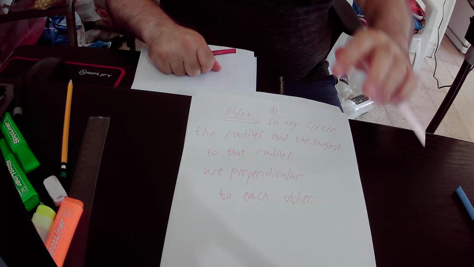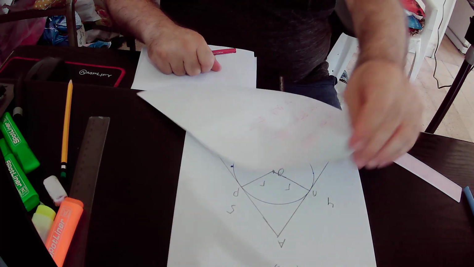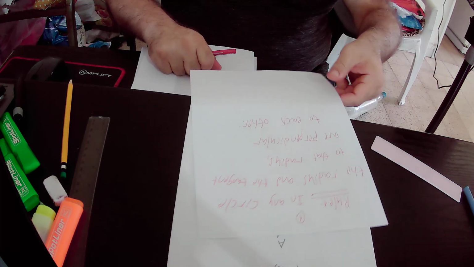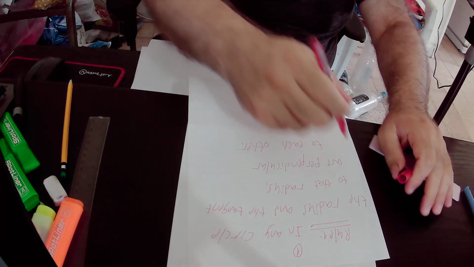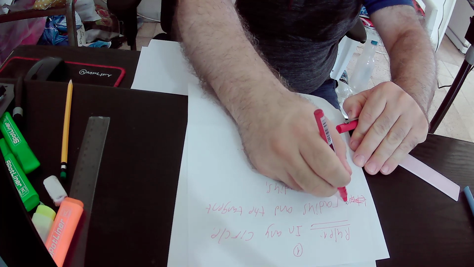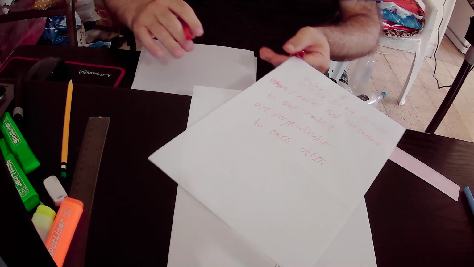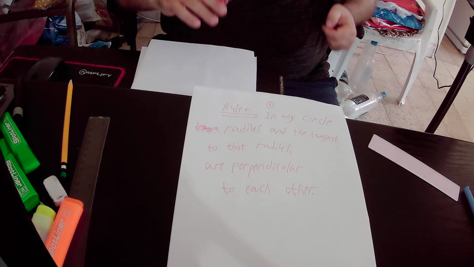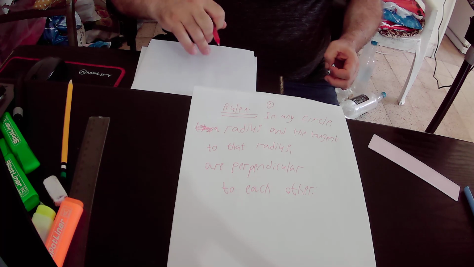Or, instead of the radius, I will write in any circle a radius. So rule number 1 says that in any circle, a radius and the tangent to that radius are perpendicular to each other.